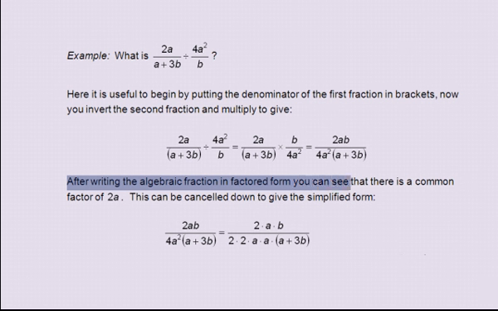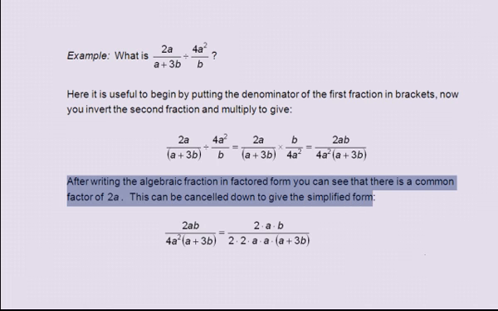You can see that there is a common factor of 2a. This can be cancelled down to give the simplified form: b divided by 2a multiplied by (a plus 3b) in brackets.